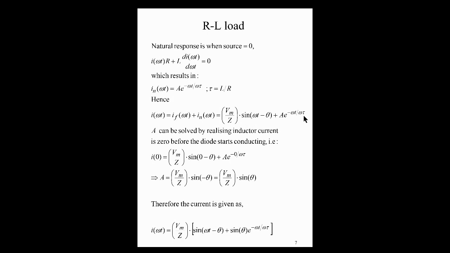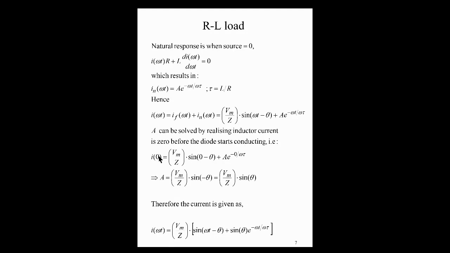Now, how do we actually solve this expression? We can look at it when the inductor current is going to zero. We need to find out what A is, so that is why we're solving. So let's look at when the current in the inductor is approaching zero.